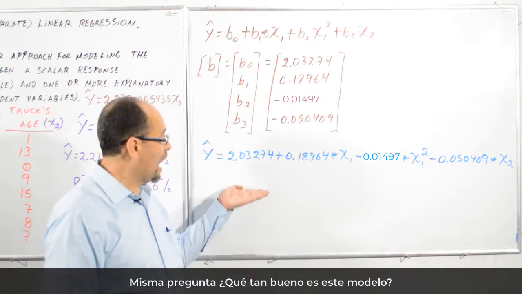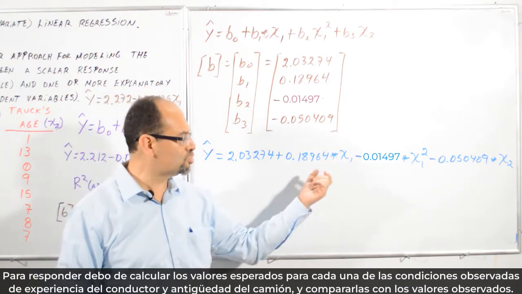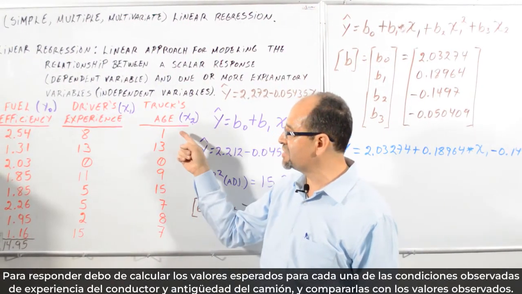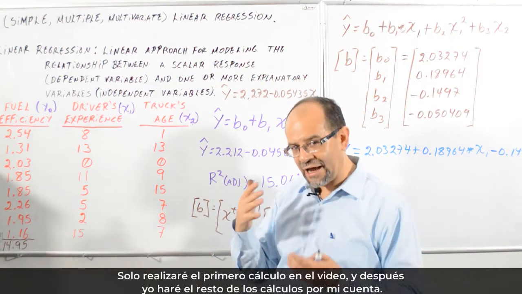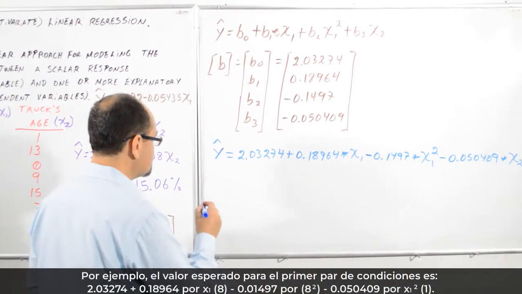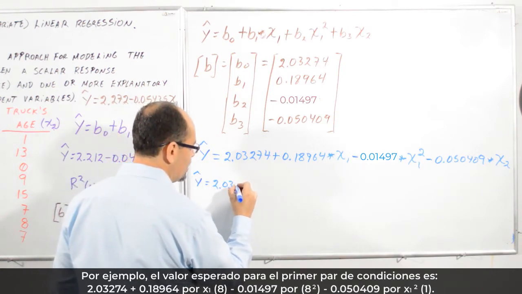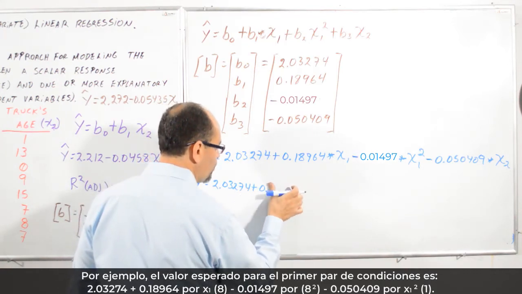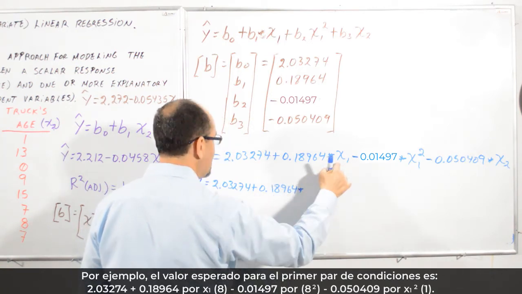Same question: how good is this model? Well, I will be calculating the expected values for each of these values with this driver's experience and this truck's age. I will do just the first one, and the rest I will do the calculations by myself. For instance, the expected value for the first value is equal to 2.03274 plus 0.18964 times X1.